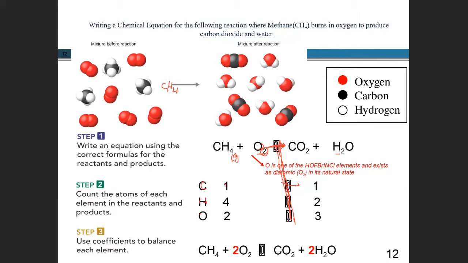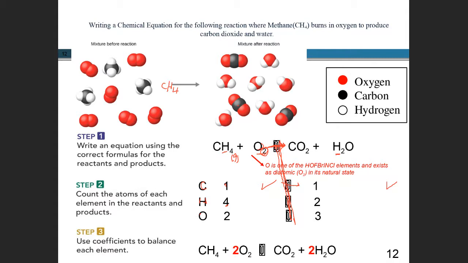On the product side, I have 1 atom. So the carbon is balanced. Let's see the hydrogen. I have 4 atoms on the reactant side, but on the product side, I have 2 atoms of hydrogen. That means that it is not balanced.